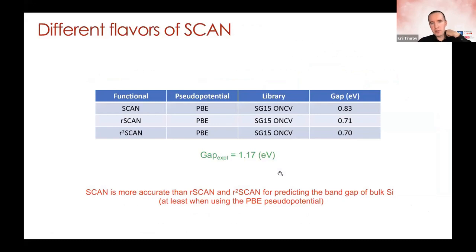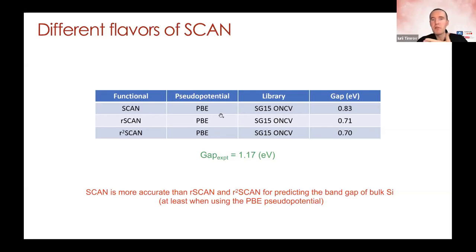But here I would also like to compare the performance of three flavors of SCAN: SCAN, rSCAN, r2SCAN. Here I used a PBE pseudopotential because even though we have a SCAN pseudopotential, we don't have an rSCAN or an r2SCAN pseudopotential.